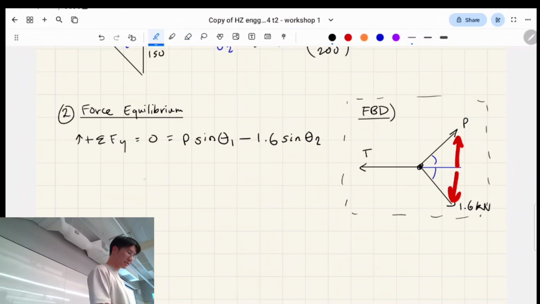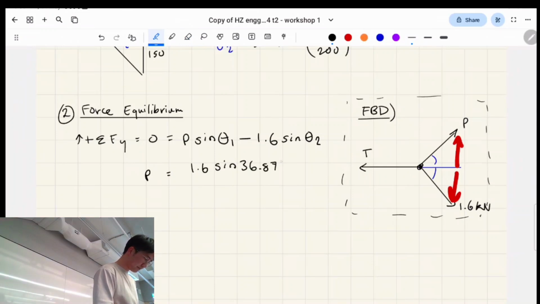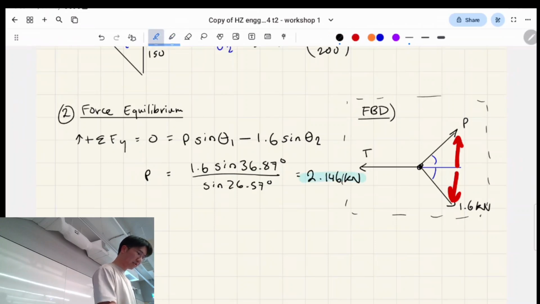We can definitely solve for this. So we solve for P. We rearrange it by doing this. Sorry, my handwriting's not great. Okay. And now we actually know what P is because we've done this in this order, right?